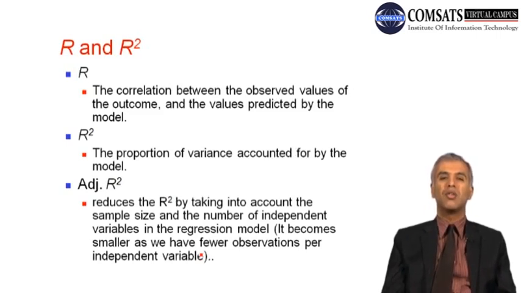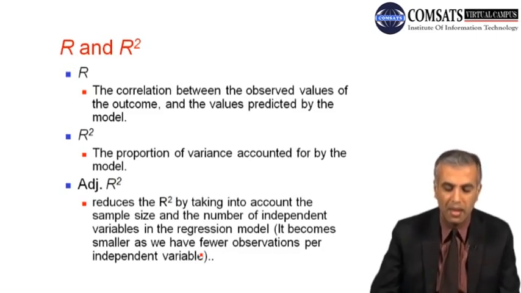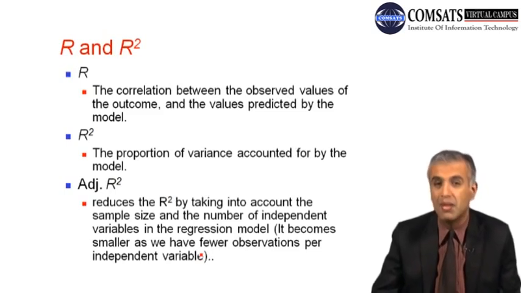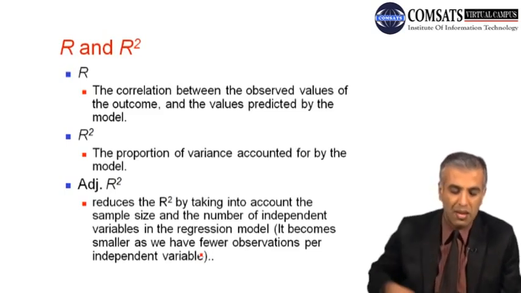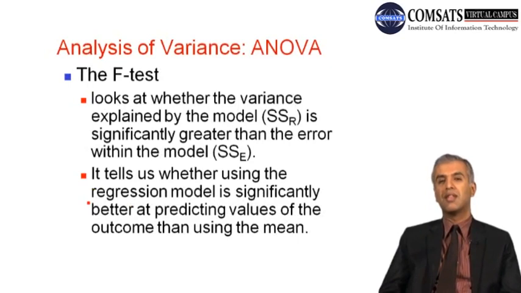In order to counter that kind of error, we have to calculate the adjusted R square, and it reduces the R square by taking into account certain factors like sample size and the number of independent variables in the regression.